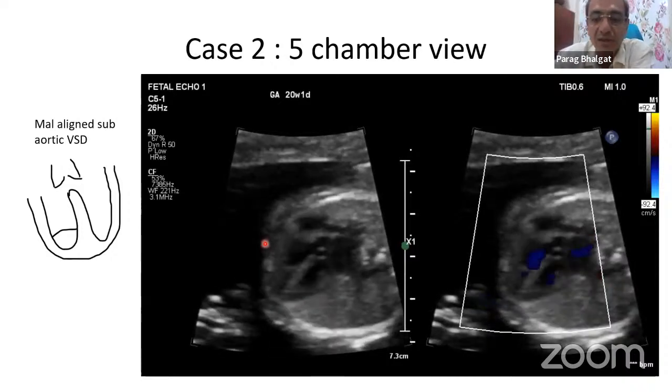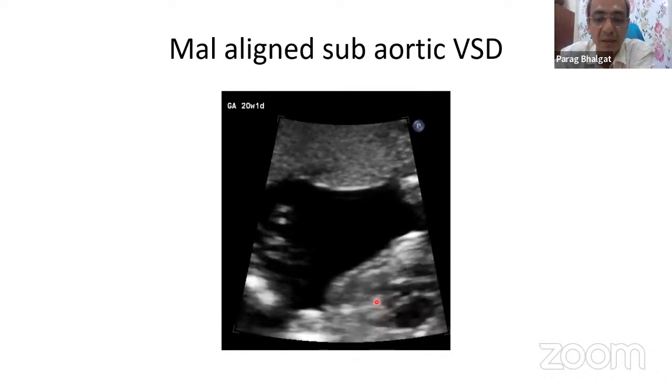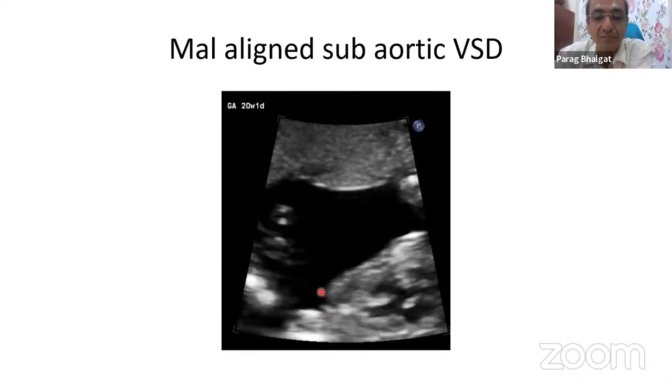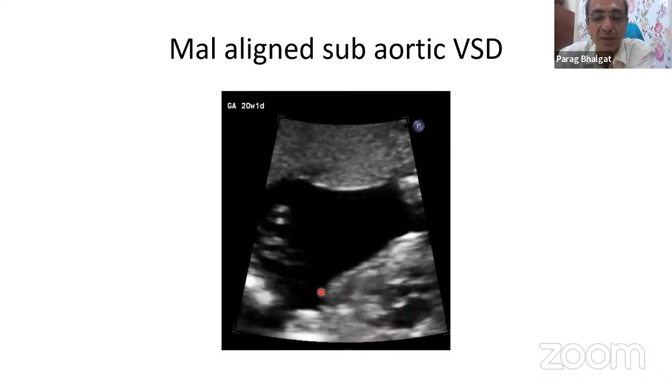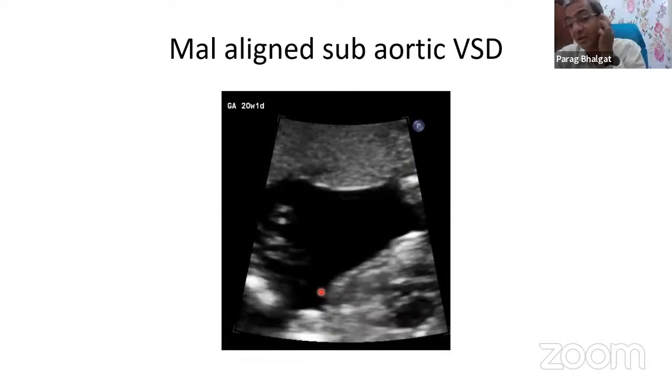Whenever you see a malalignment VSD, think of one of the vessels being stenotic. It can be either. Again, a malalignment VSD shows very clearly how the malalignment looks. The presence of a malalignment VSD is easier to demonstrate than a plain perimembranous VSD because the anatomical defect is generally large.